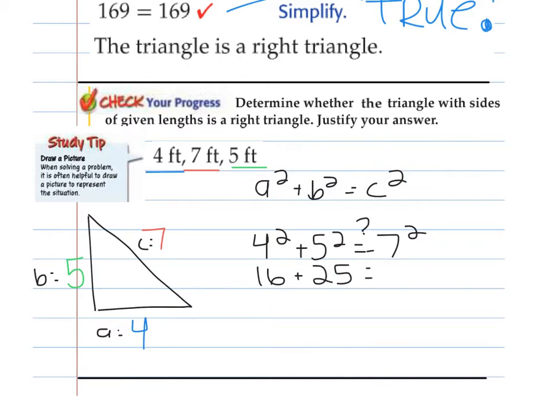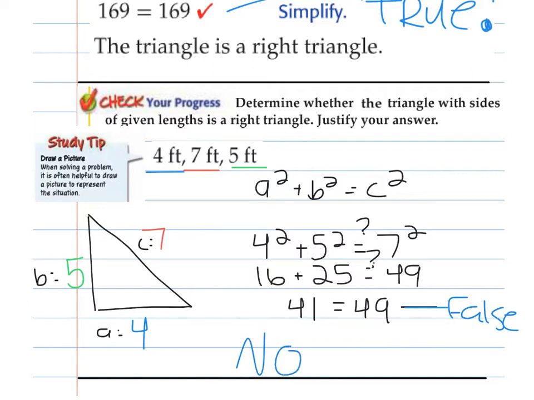Does it equal 49? Because we're not sure, I have to add those question marks. 16 plus 25 gives me 41. 41 equals 49 is a very false statement. Super false. So is this triangle a right triangle? No, it is not.